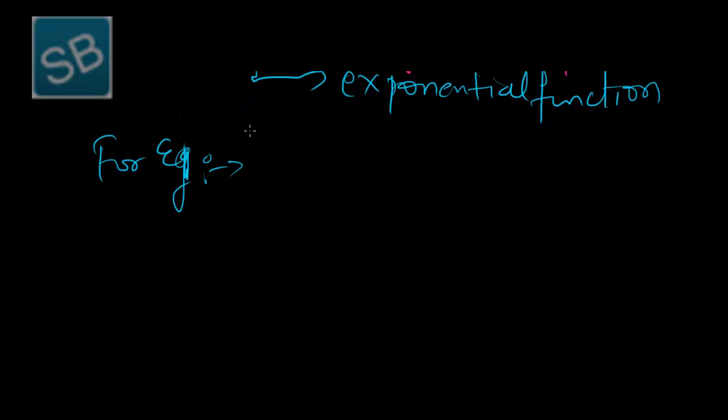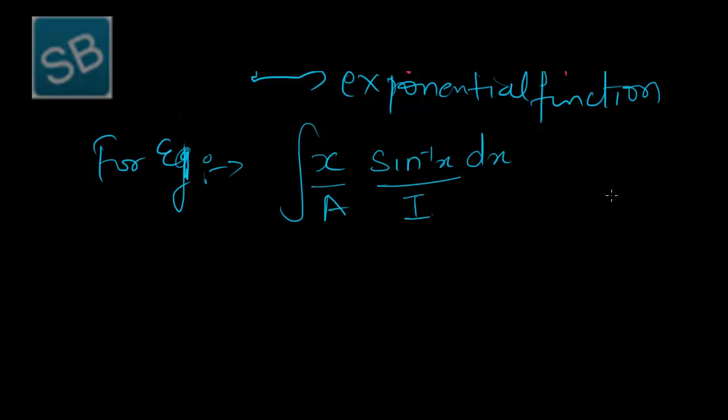For example, if we have to integrate this function, how can we choose which is the first function and which is the second function? The first function is u. If you see the rule, this is the algebraic function and this is the inverse trigonometric function.